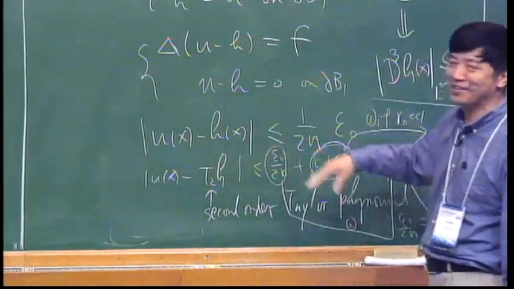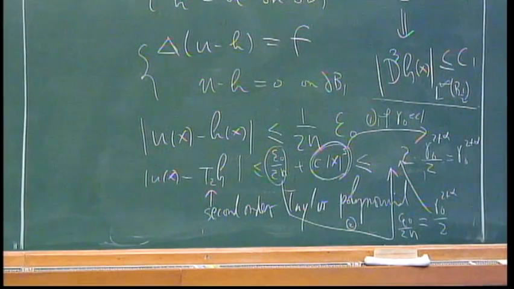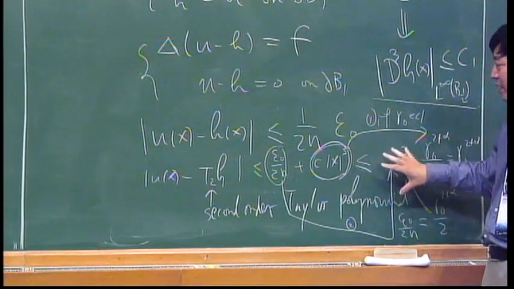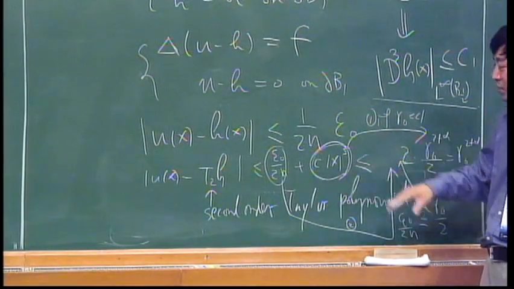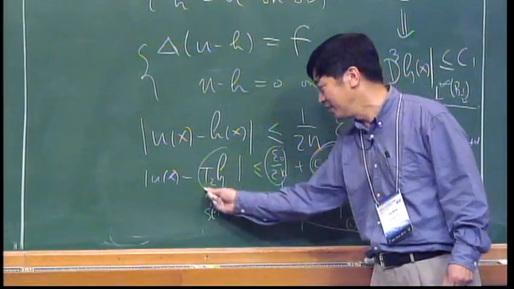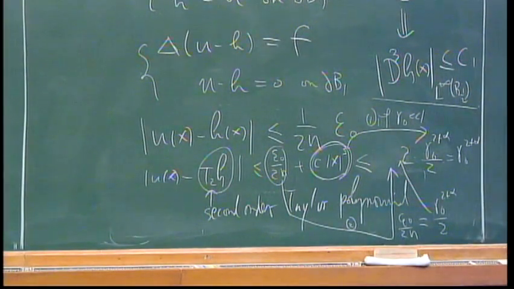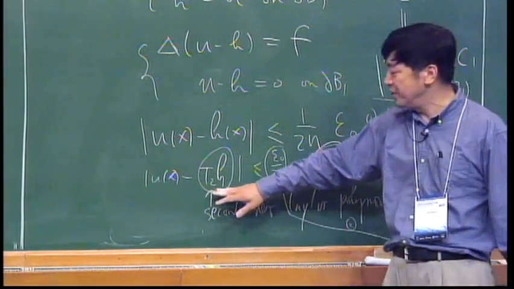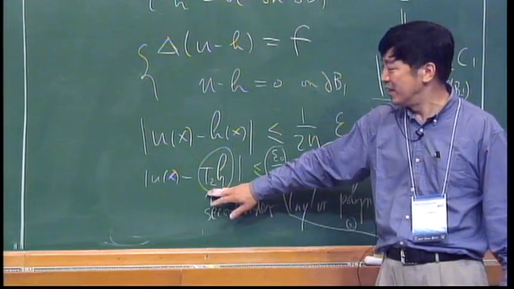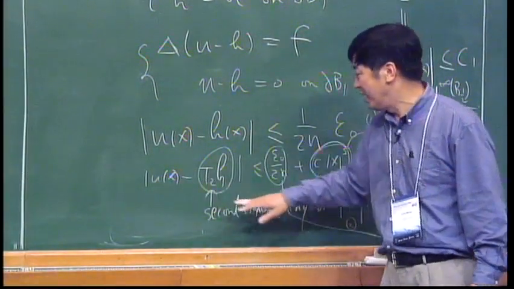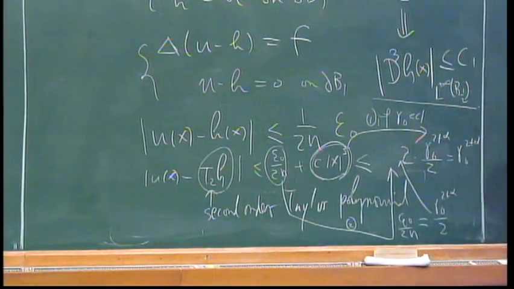By the way, this is argued in Luis' paper. You first find a reasonable approximation. This does not use the second order derivative at the origin yet, but this is the most reasonable educated guess of the second order derivative of u, and the error is under control.